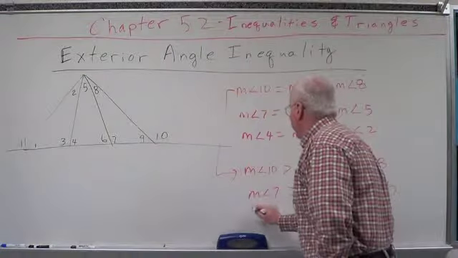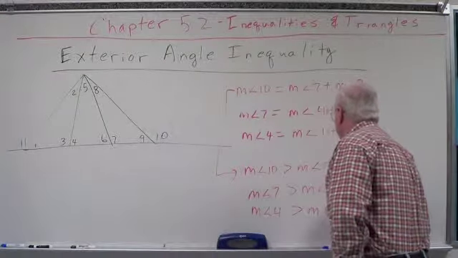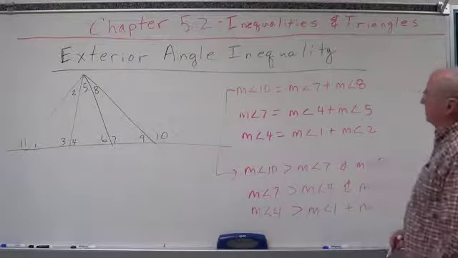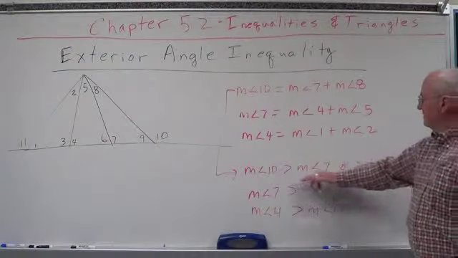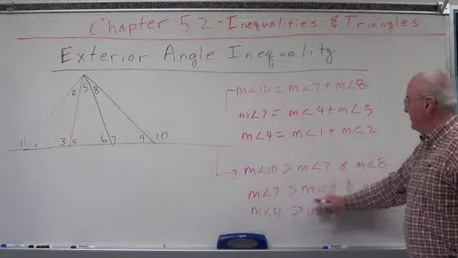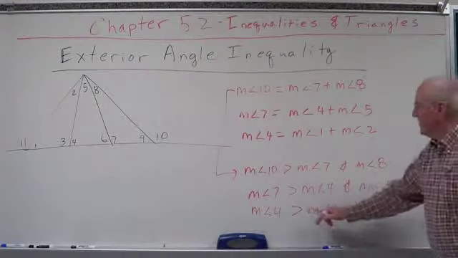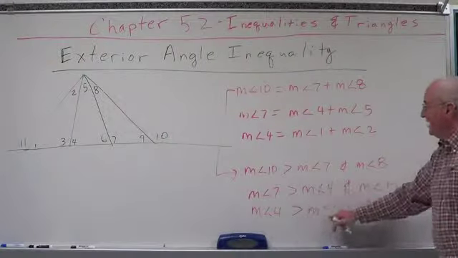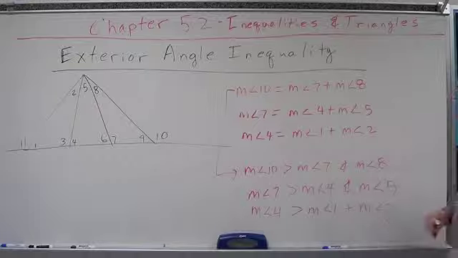And the measure of angle 4 has to be greater than the measure of angle 1 plus the measure of angle 2. So angle 10, since it's greater than angle 7, also has to be greater than angles 4 and 5, and since angle 7 is greater than angle 4, it also has to be greater than angles 1 and 2.